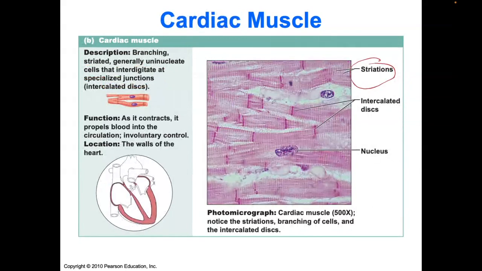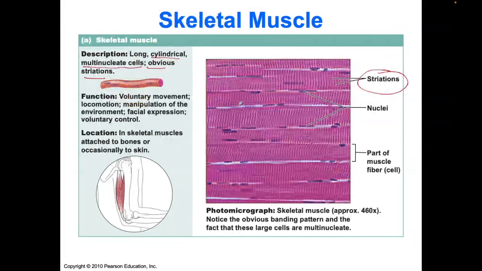But when we look at heart, we can see that it's branched and it's uninucleated, one nucleus. We also see these intercalated discs with cardiac. We do not see these intercalated discs anywhere in skeletal muscle.